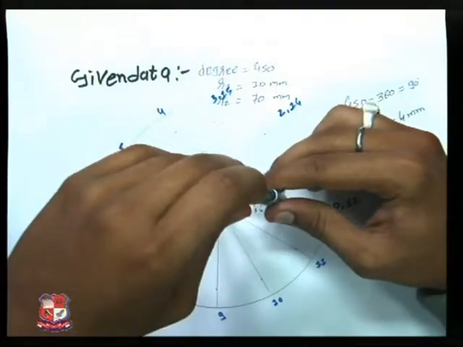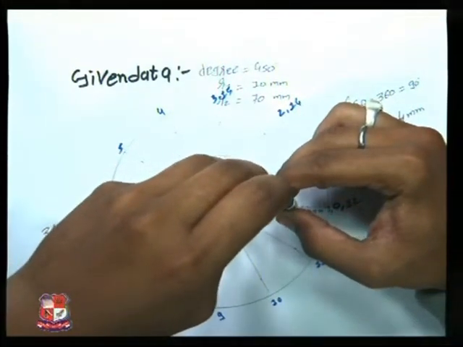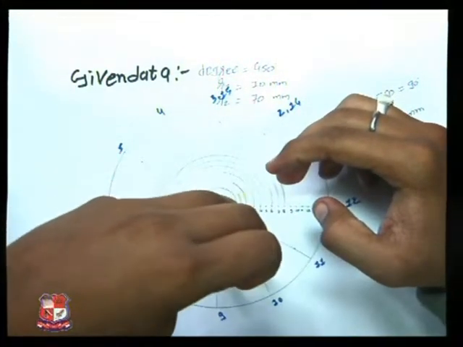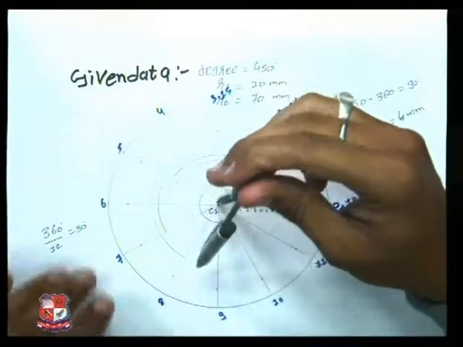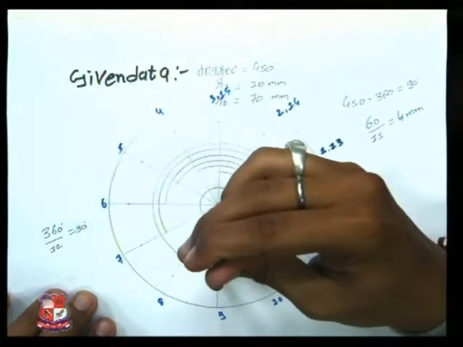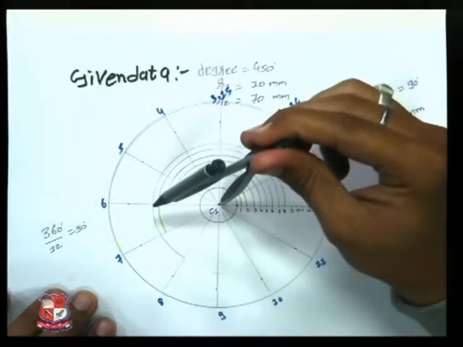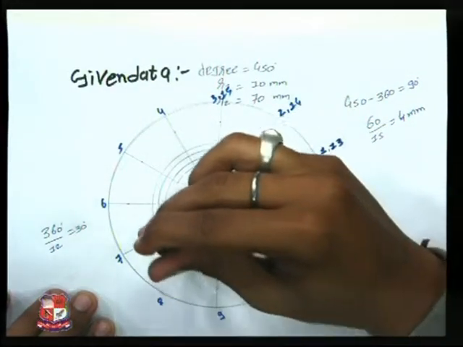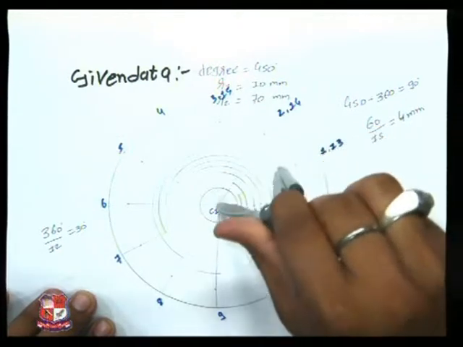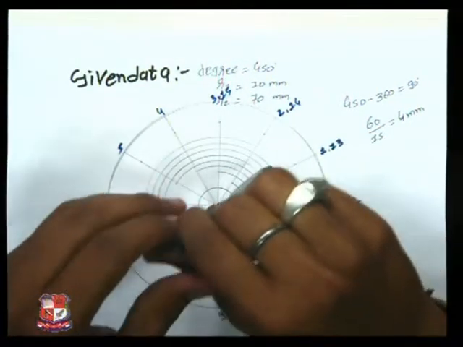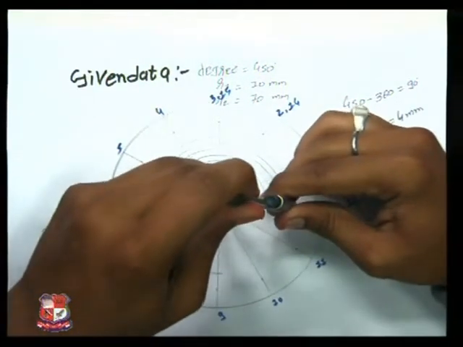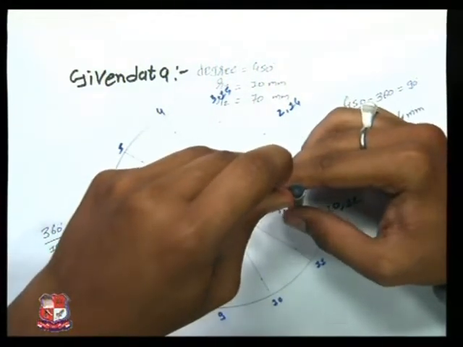Make sure that you are drawing the continuous arc, not an arc like this, only a cut mark, no, not an arc like this. Draw a continuous arc so that you can have a brief idea how an Archimedean spiral is being drawn.